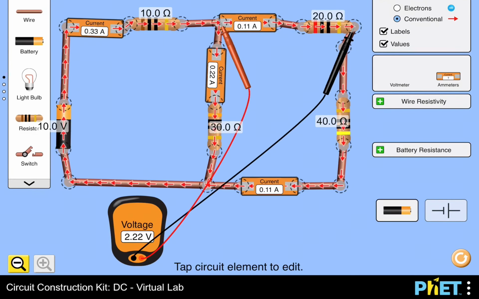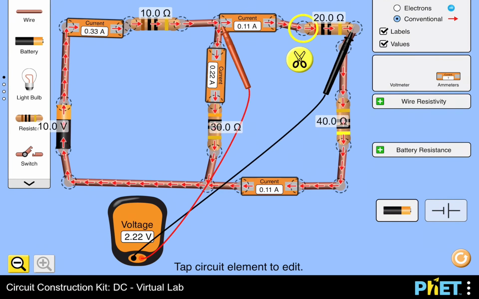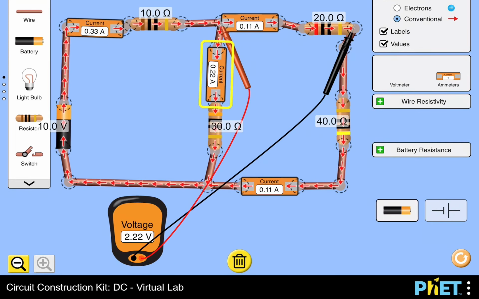This one measures the potential difference across the 20 ohm. In this way, using this simulation, you should be able to find the current and the voltage across each resistor. You should also be able to see the current is divided here, which means these two arms must be in parallel combination.